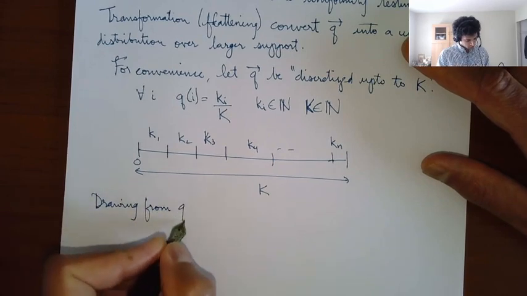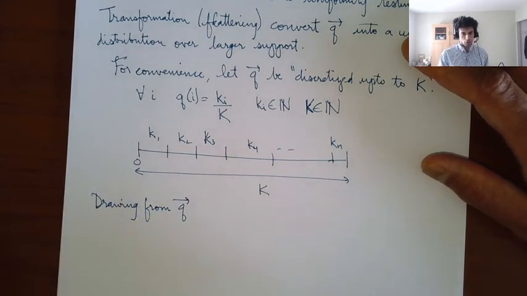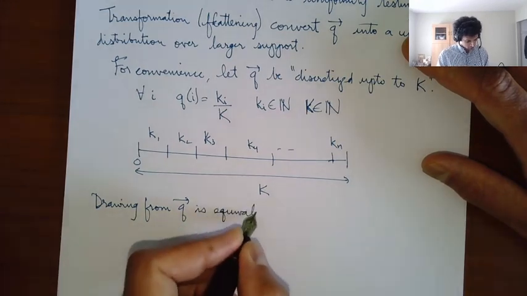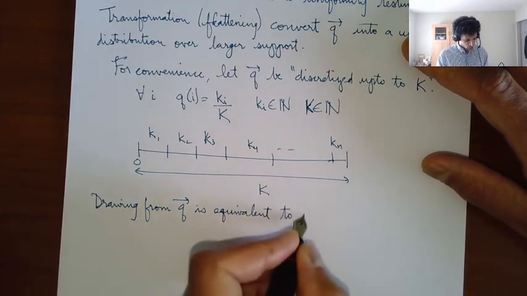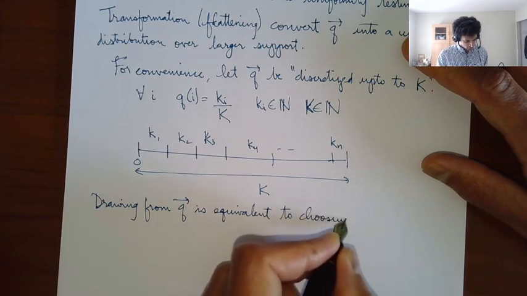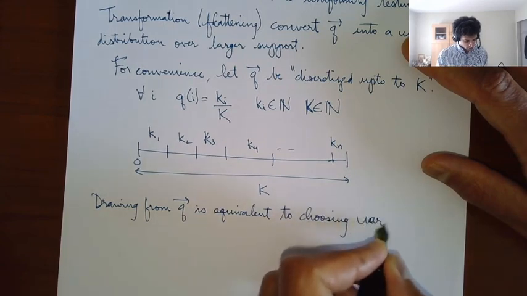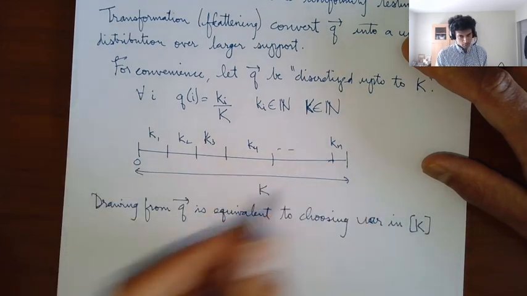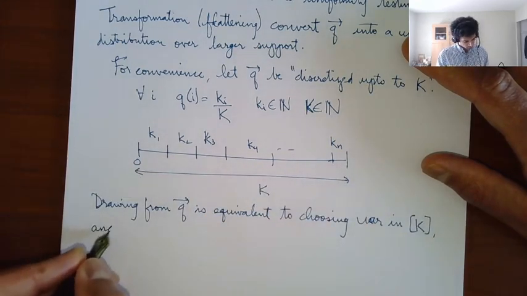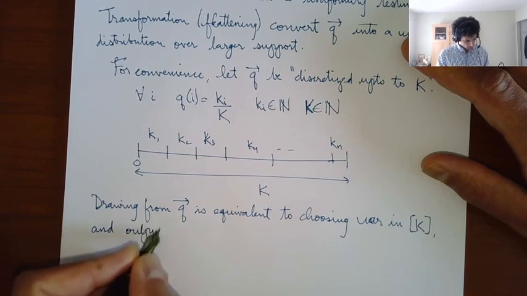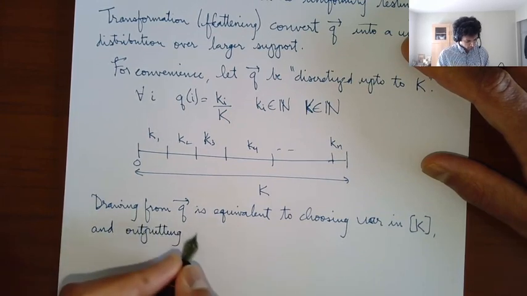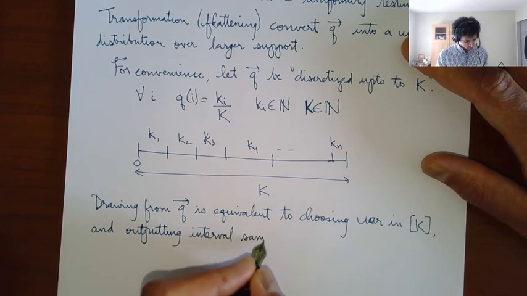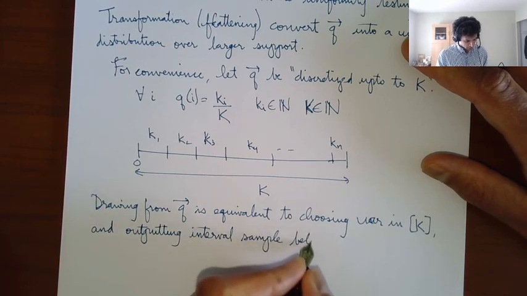And we've discussed this earlier in how to draw from a discrete distribution: it is equivalent to choosing a uniform random element in K and outputting the interval the sample belongs to.